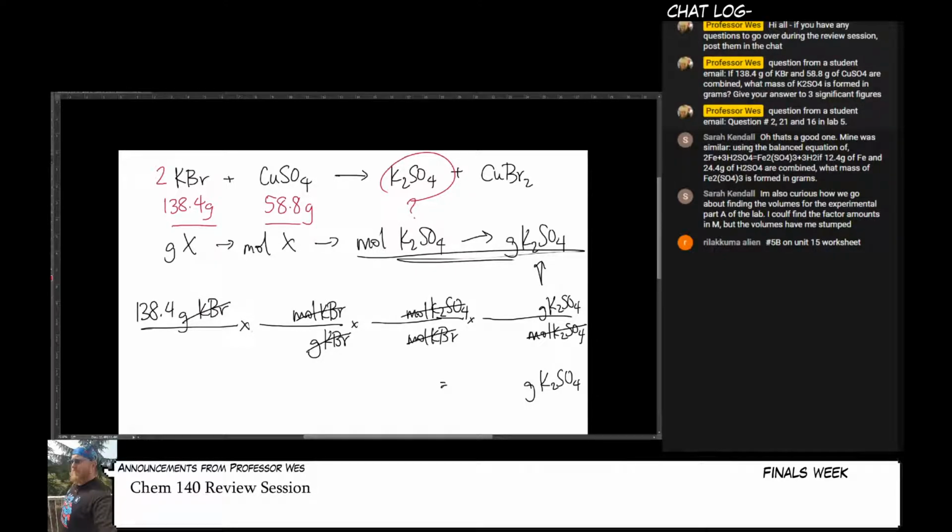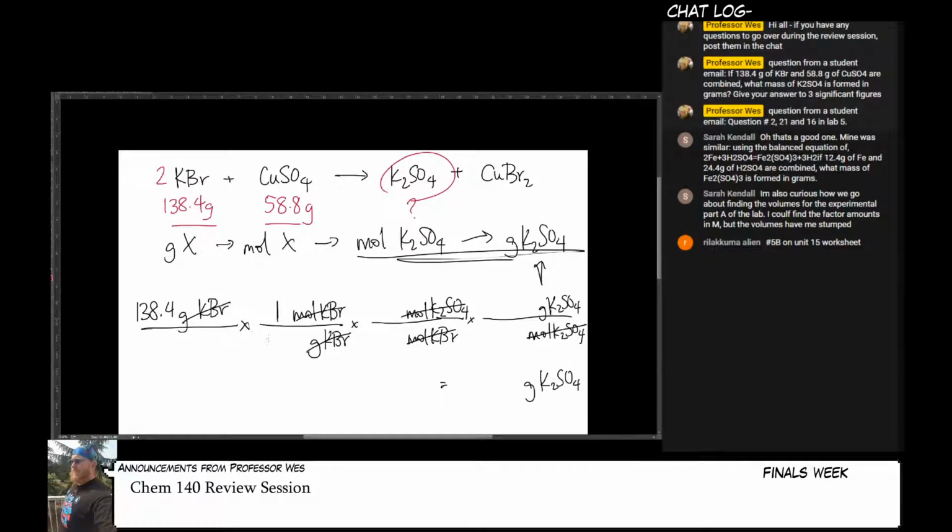Now I got to go to Lenntech. I got to go look up the molar masses of stuff. So let's do that. So Lenntech. And I want, which ones do I want here? I can't see them because my screen is covered. So I want KBr. That's 119. So we'll write that down.